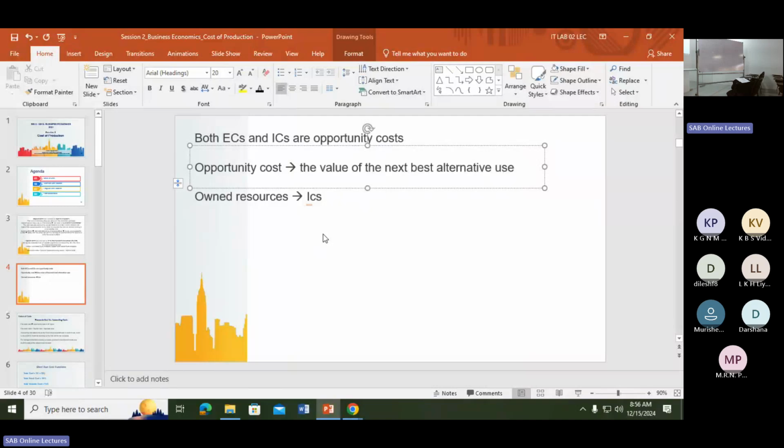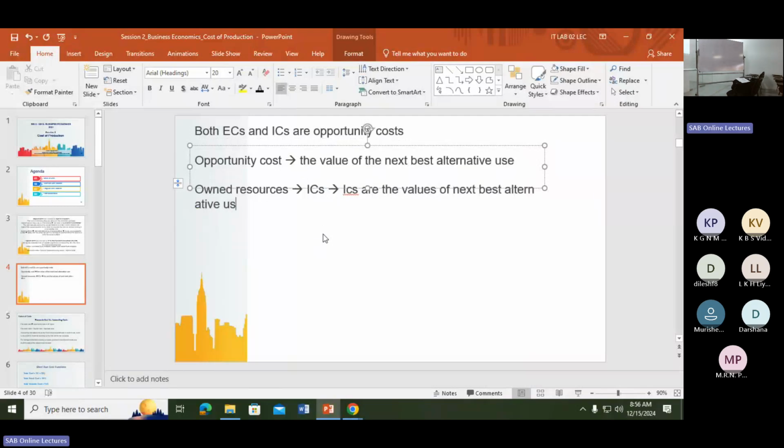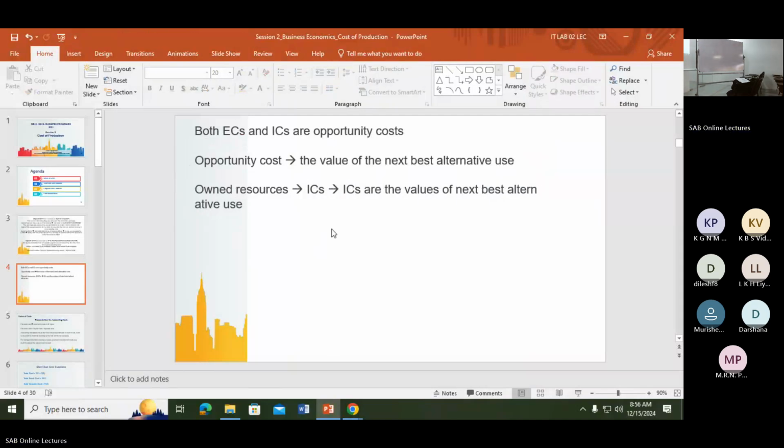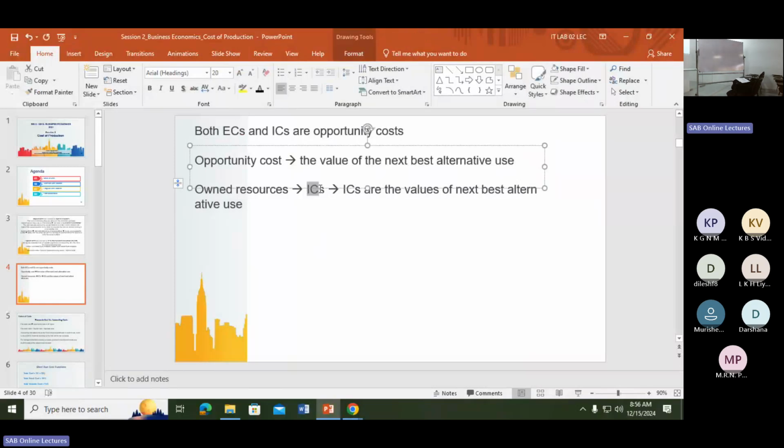Implicit costs are the values of next best alternative use. So inherently, all implicit costs are opportunity costs. By definition, what is implicit cost?